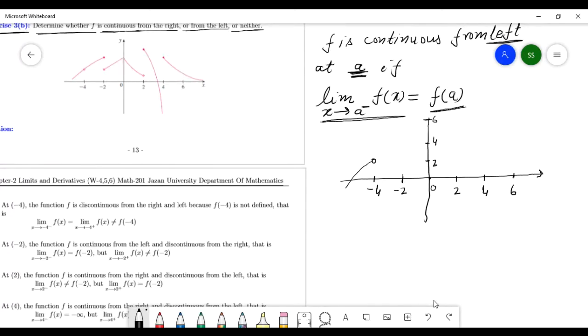And here, a dark point this way. Okay. Here a dark point. I'm going this way.